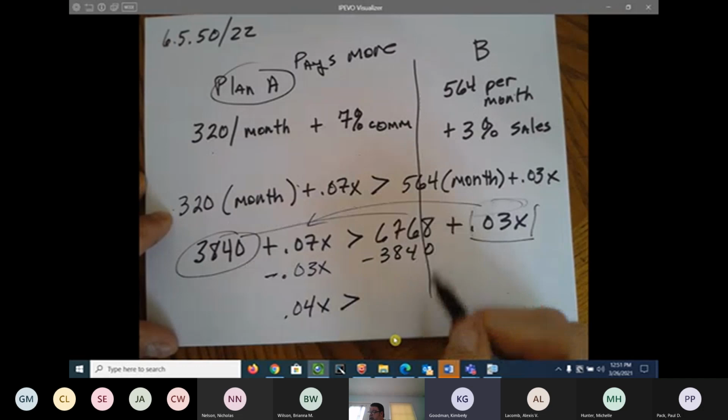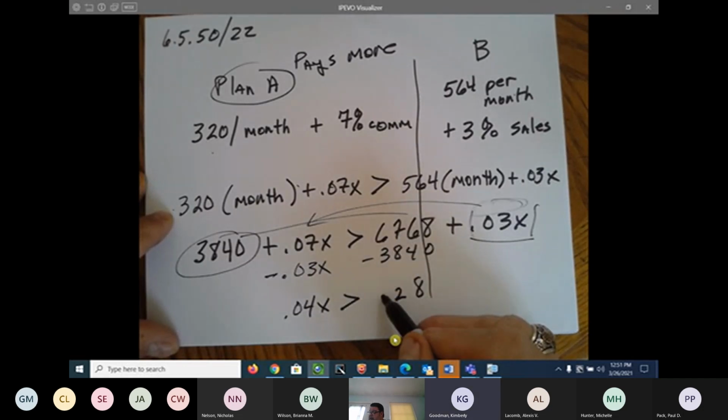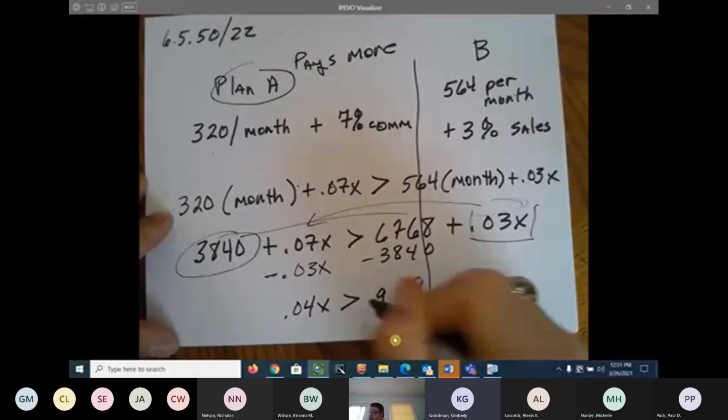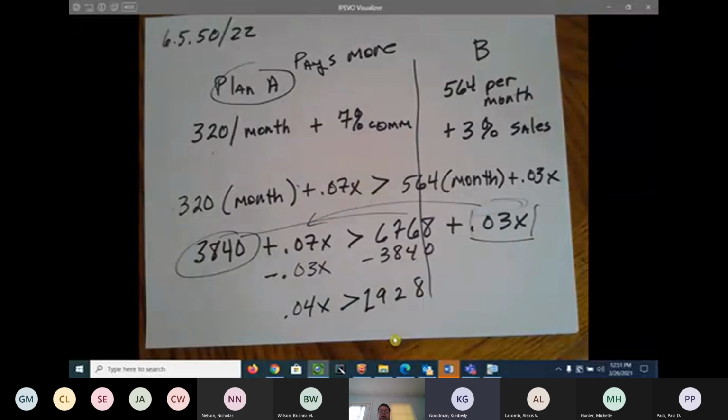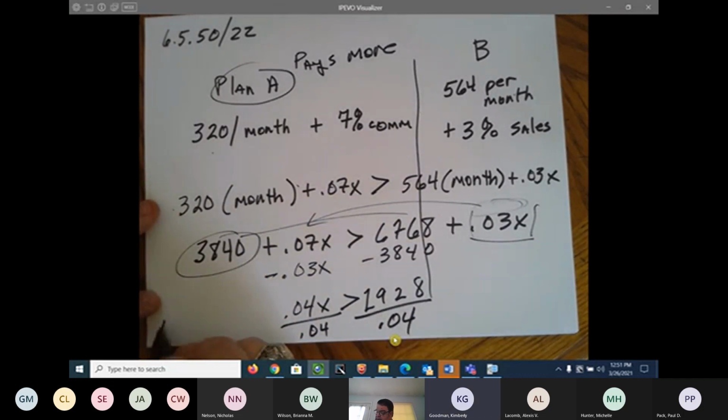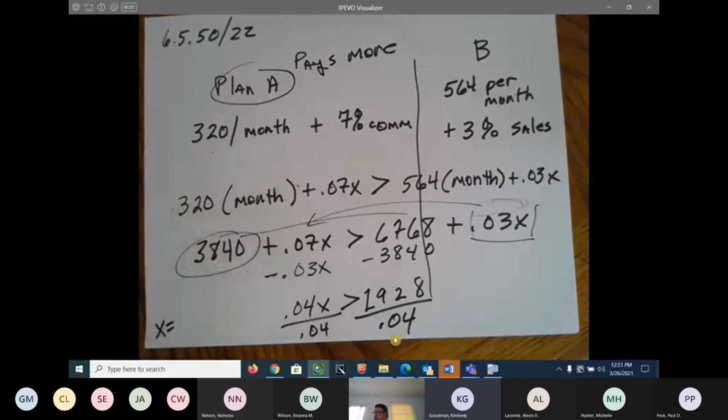And that's going to be 8, 2, 17 minus 8 is 9, and 5 minus 3 is 2. Somebody check my math. 2928. Yes. And divide by 0.04, please. I'm not Rain Man, so I can't do that. Somebody give me 2928 divided by 0.04.